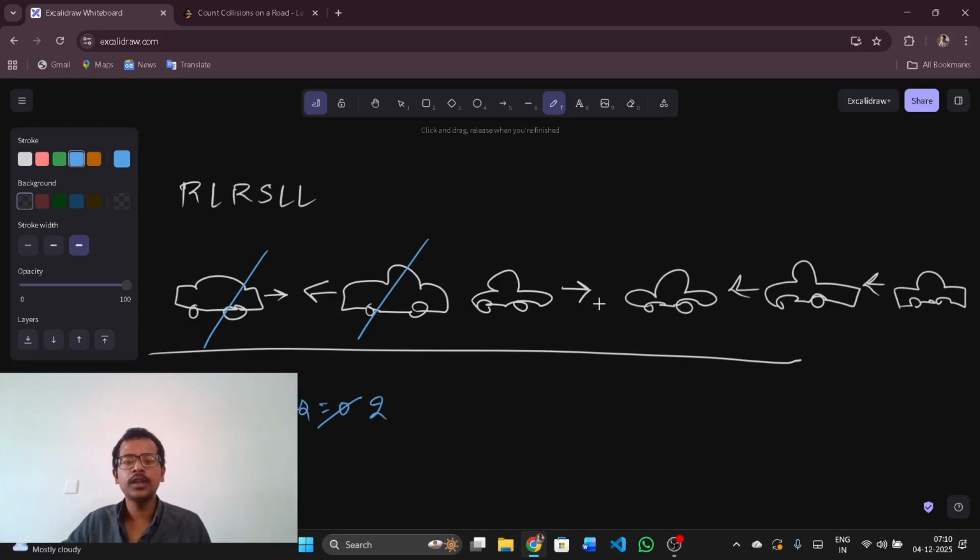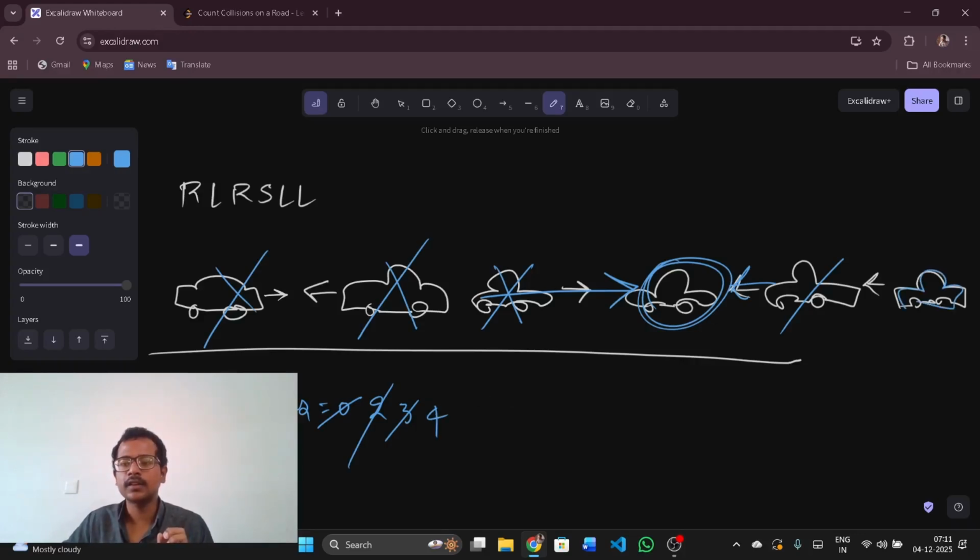Now this car is moving in the right direction and it will collide with the stationary car. So our answer is incremented by 1. This will not move, and this will also not move. Now this is moving in the left direction, so it will meet the stationary car. So this will also increment our answer by 1.